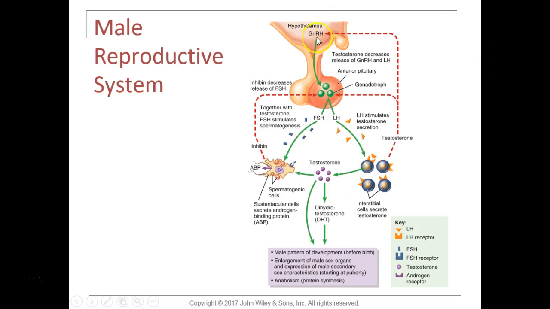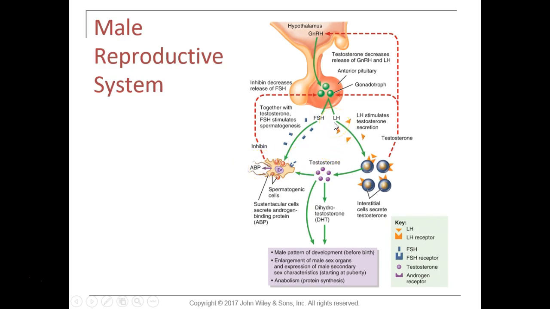The hypothalamus will release gonadotropin-releasing hormone, which stimulates the gonadotrophs in the anterior pituitary gland to release follicle-stimulating hormone and then luteinizing hormone. Follicle-stimulating hormone, again, is the hormone that stimulates the spermatogonium cells to undergo meiosis, to produce the primary spermatocyte, then the secondary spermatocyte that ultimately divides after meiosis 2 is completed into 4 spermatids, which become the sperm cells.